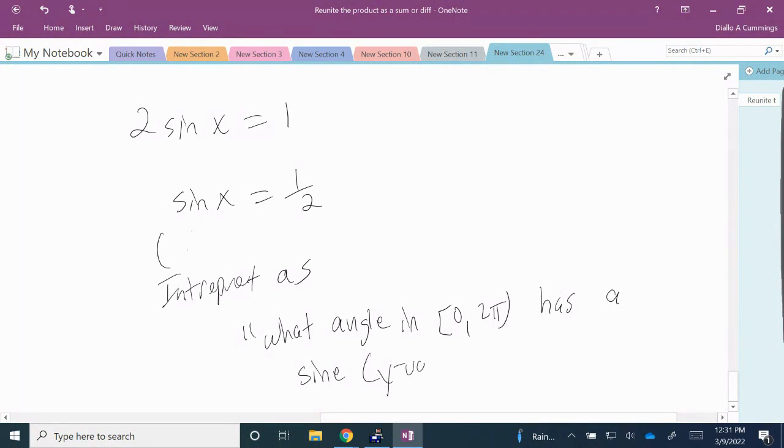Remember the sine is a y value. Now keep in mind, these are not inverse functions. Inverse functions were something totally different.